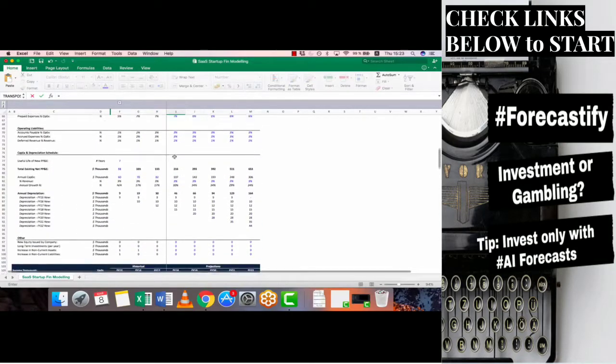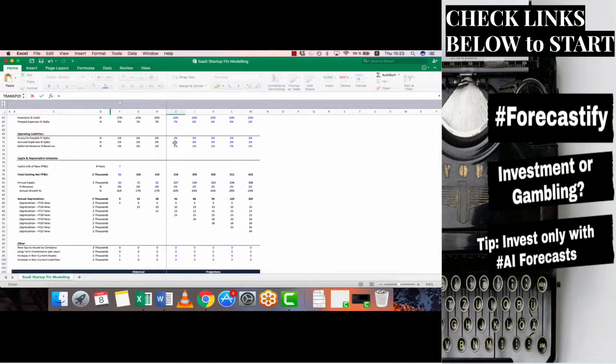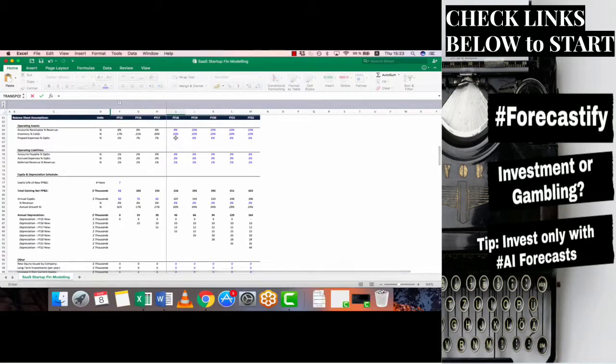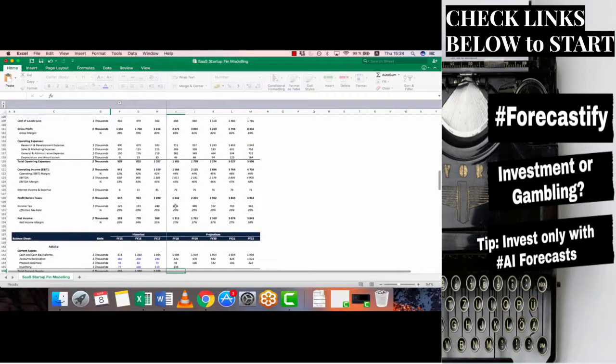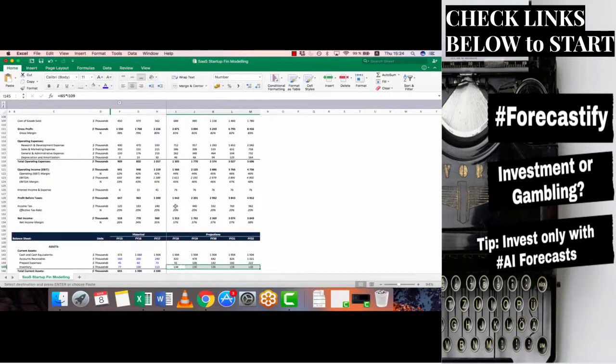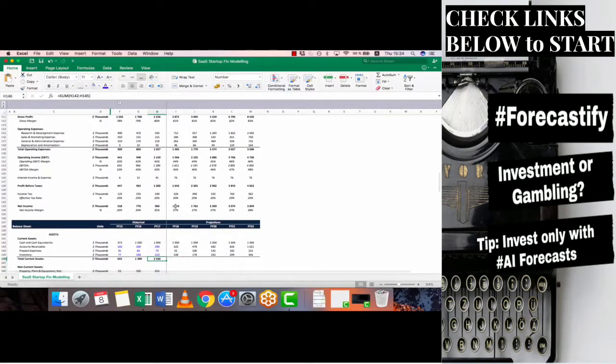It's obviously as a percentage of cost of goods sold, so taking our projected percentage, multiplying by cost of goods sold, and copying this across. It's a simple formula, we can copy that.